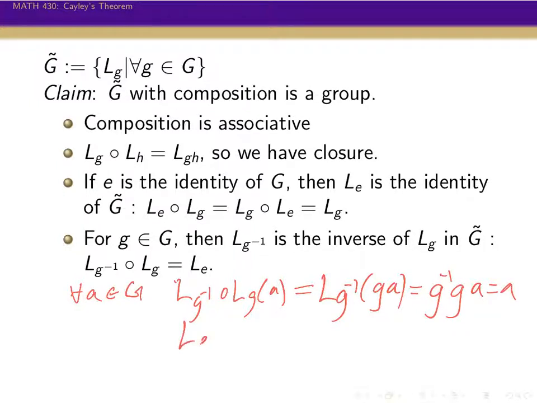And that's the same thing if I plug a into left multiplication by the identity. That's e times a, which is just a. So same as before, two maps give the same output for any a in G, so they are the same map. Okay, so this concludes the proof of the claim because we've shown that the operation is associative, we've shown closure, that it has the identity, and each element has an inverse, and so that means that it is a group.